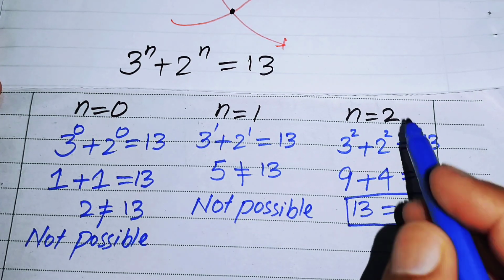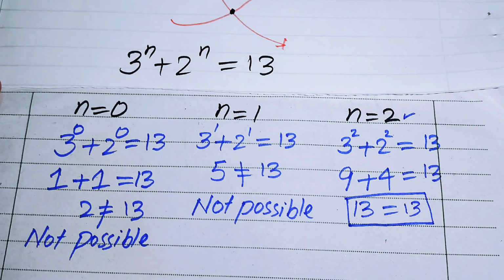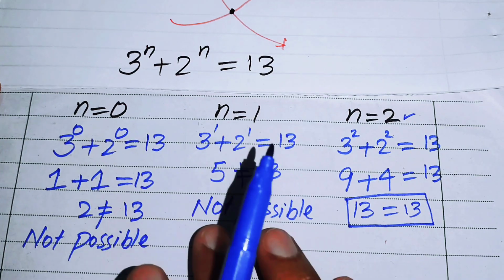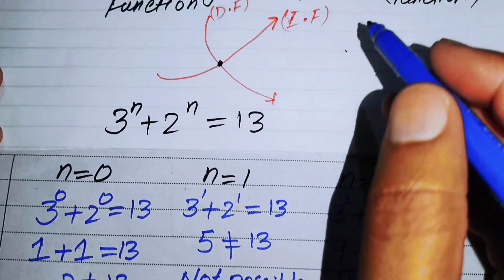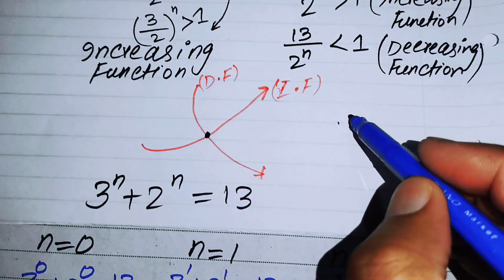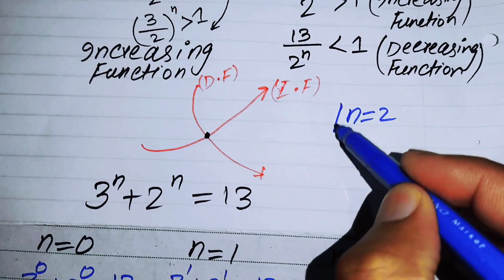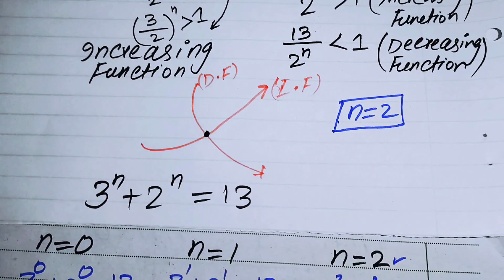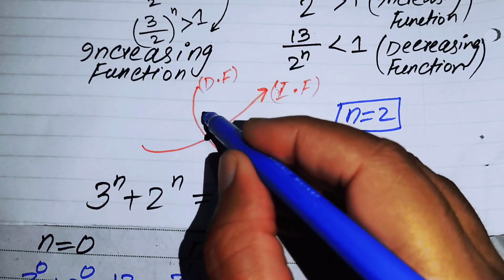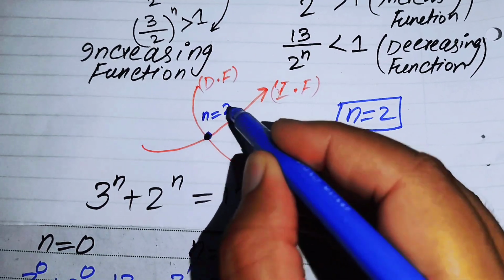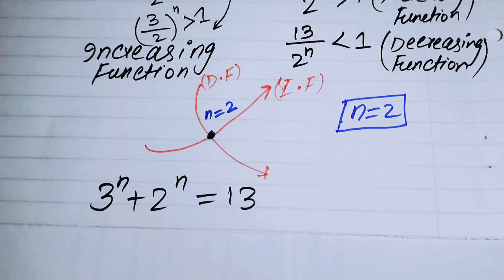So n is equal to 2 satisfies the given equation. So we say that n is equal to 2 is the only solution of this equation, and this is our final answer.